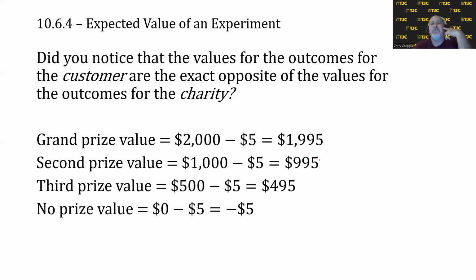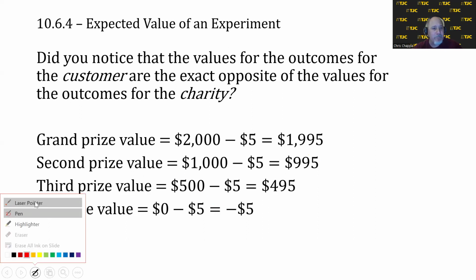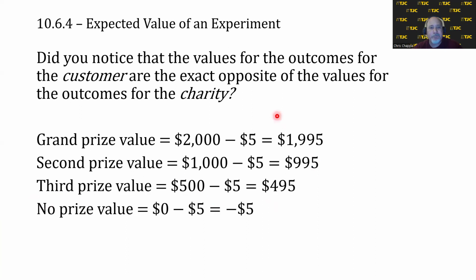Now, did you notice the values of the outcomes for the customer are the exact opposite of the values for the outcome of the charity? For example, for the charity, the grand prize winning ticket, their value was negative $1,995. And the reason for that is pretty easy to explain. It's because from the charity's perspective, the $5 was positive. They made $5. The $2,000 was negative.